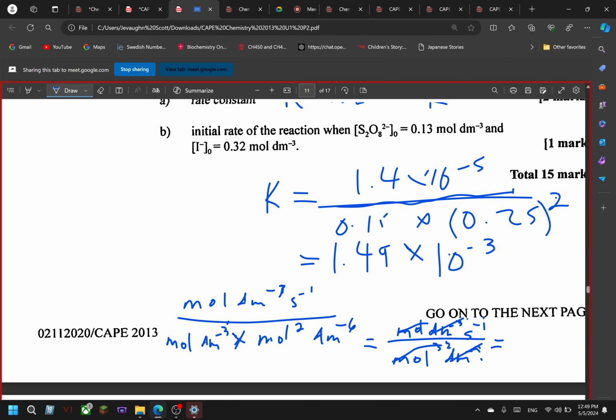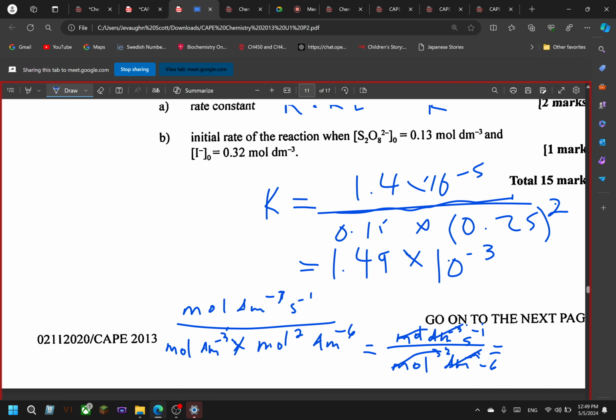If we bring it up to the numerator, we have per mole squared, so mole to the power of negative 2, dm to the power of positive 6, times seconds to the power of negative 1.